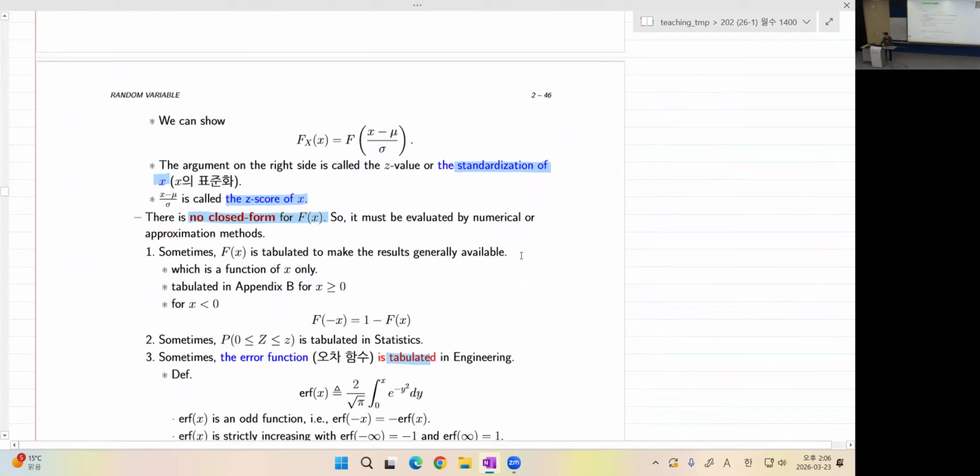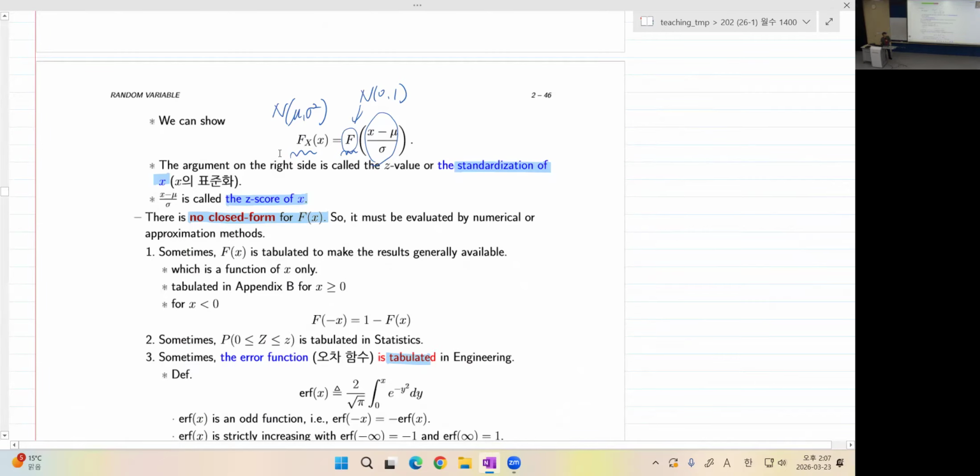Through this standardization. So here, capital F is the CDF of the standard normal distribution. And this capital F sub x is normal with mean mu and variance sigma square. Got it? So any Gaussian CDF can be rewritten in terms of the standard Gaussian CDF.